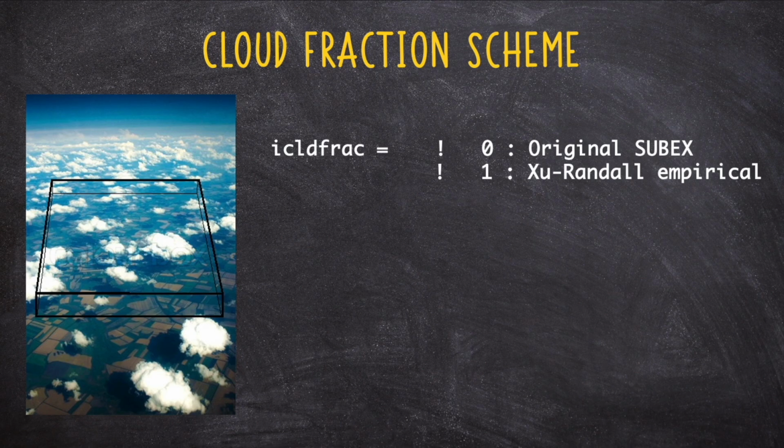Now, the cloud fraction scheme. This scheme is the parameterization that is able to formulate what portion of the grid contains a cloud. The model has 2 schemes.